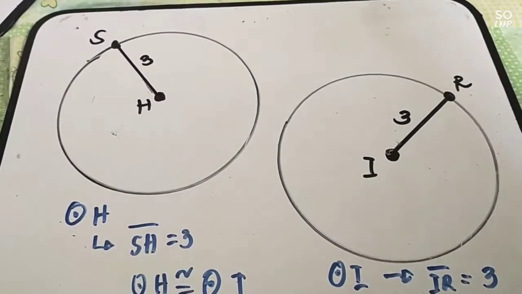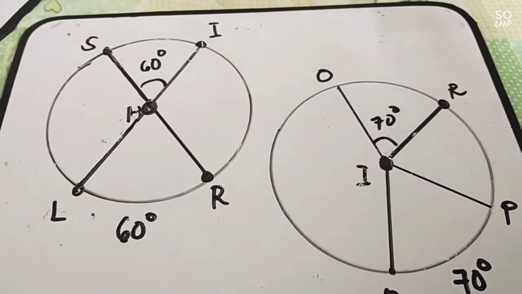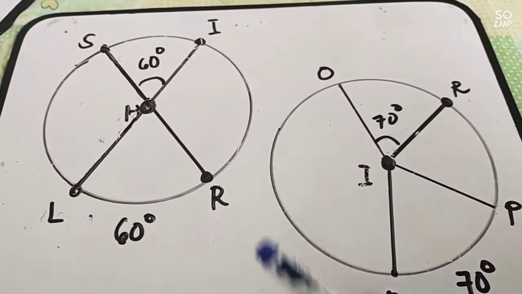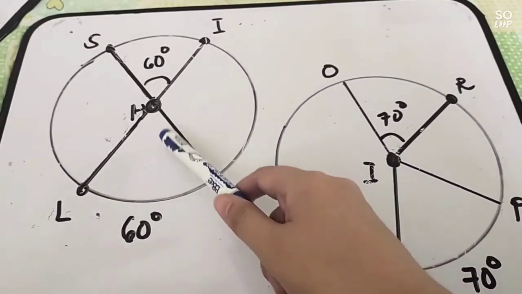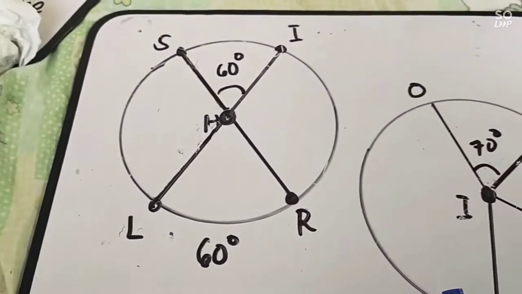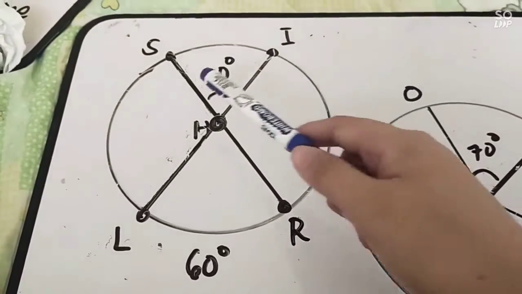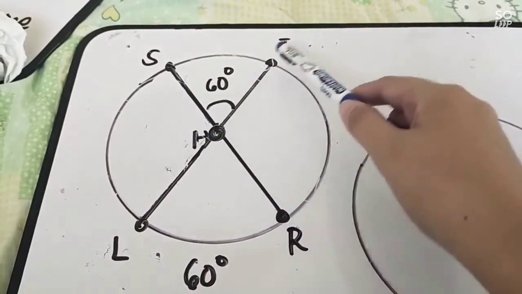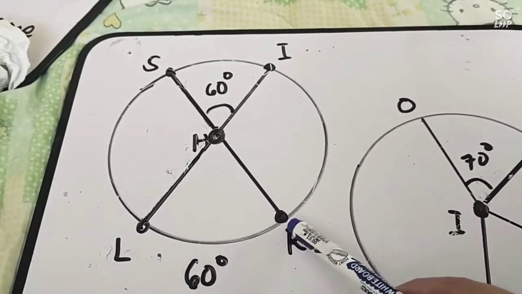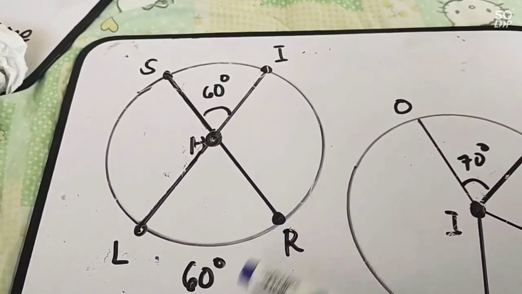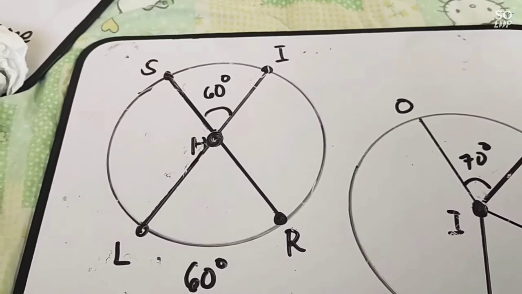Okay? Let's have an example of congruent arcs. We have a given here of circle H and circle I. Let us have first circle H. It says that we have here a given of SHI, which is 60 degrees, and then an arc here, which is arc LR, which is also 60 degrees.